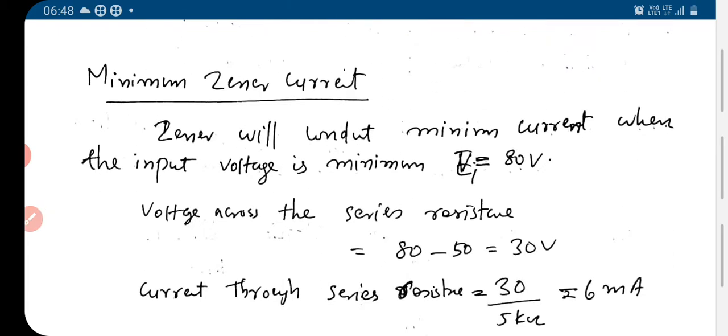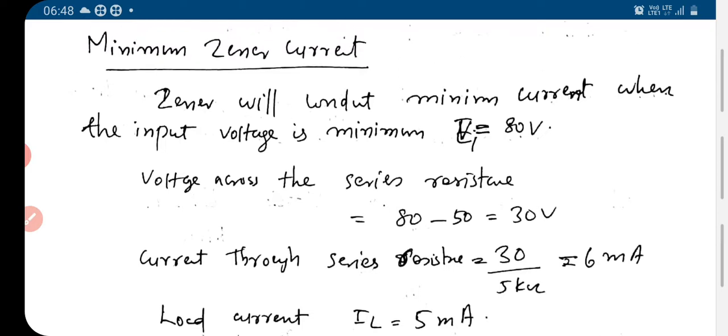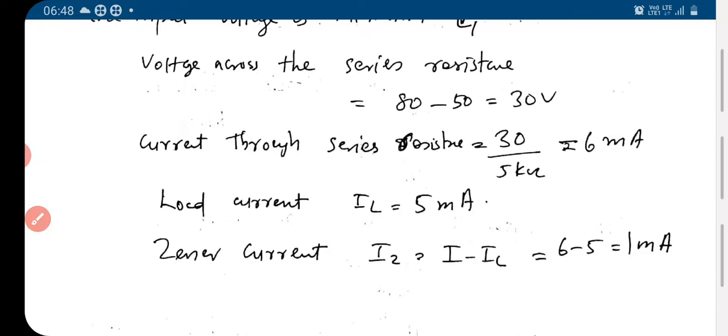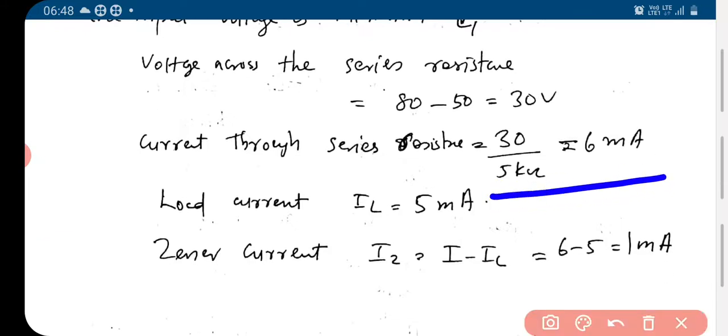What about the minimum Zener current? The minimum Zener current occurs when the input voltage is minimum, 80 volt. So the voltage across the series resistance is given by this. The output is 50, so the voltage across the series resistance will be 30 volt. So the current through the series resistance is 30 volt by the series resistance, 5 kilo ohm, that is 6 milliampere.